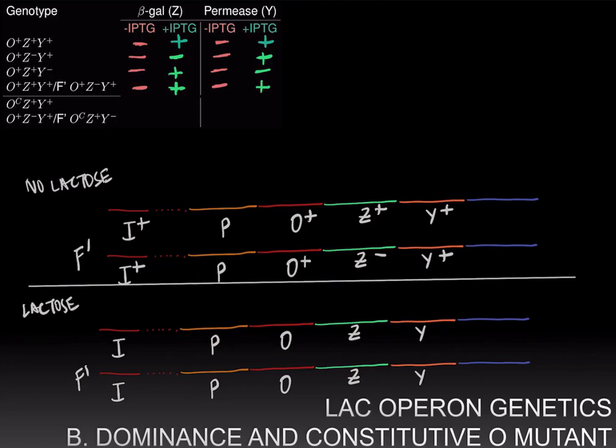It changes when you add lactose, so it changes from minus to plus, and therefore if you have a diploid between these two genotypes, the phenotype of the Z plus allele wins out, and therefore we would conclude that Z plus is dominant over Z minus.